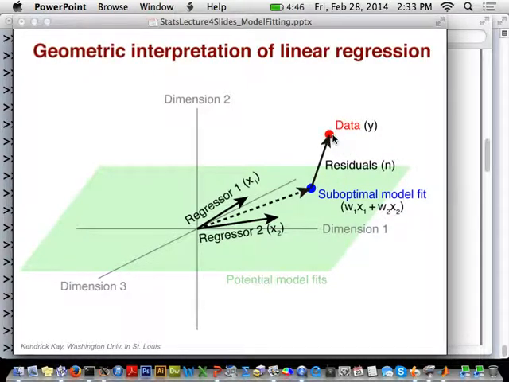Another way to say it is, what's the point in the green plane that's closest to this point? Well, you kind of draw a perpendicular line joining the plane and the data point, and that's kind of where this idea of perpendicularity or orthogonality comes from. That's just a synonym for perpendicular, I guess.